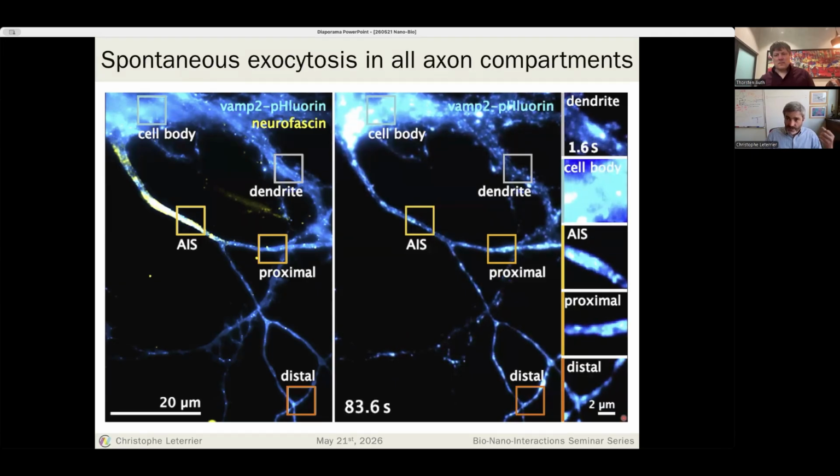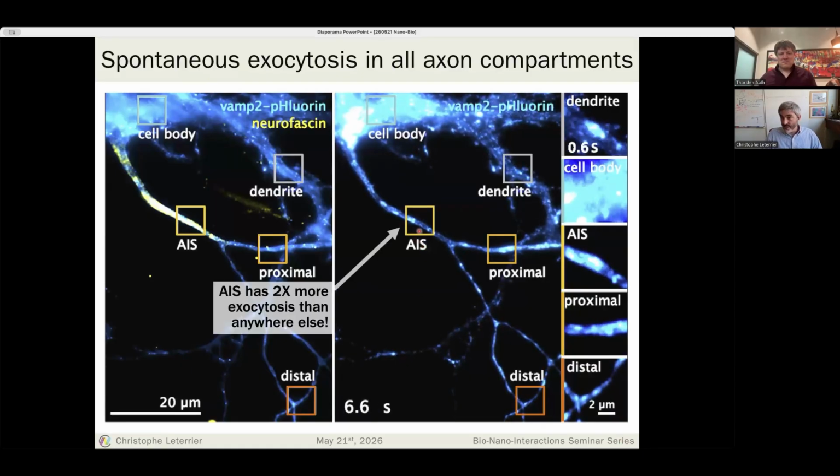Then we quantified their occurrence and frequency. What was really striking is that the initial segment, which is supposedly a very stable compartment, completely covered with spectrin, has 2 times more exocytosis on average by surface than the proximal or the distal axon. So it seems to be a preferential place for exocytosis.